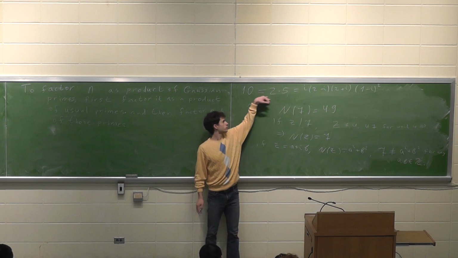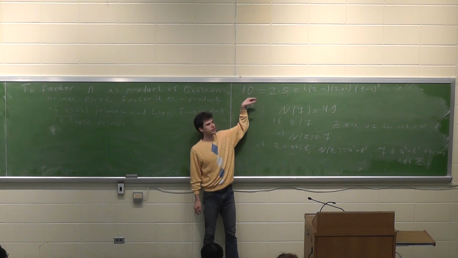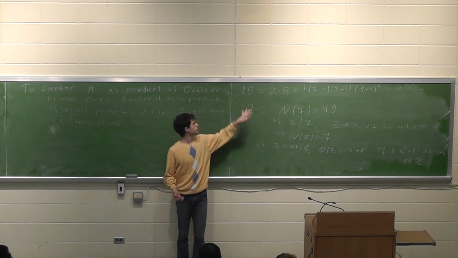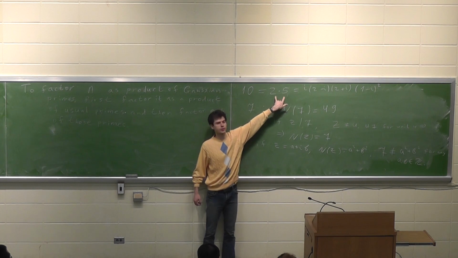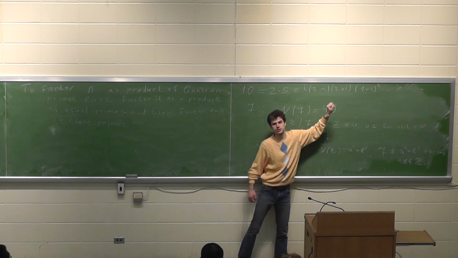That's the lesson that we learned from this example. To factor n as a product of Gaussian primes, we factor it as a product of usual primes, and then we factor each one of these primes as a product of Gaussian primes.